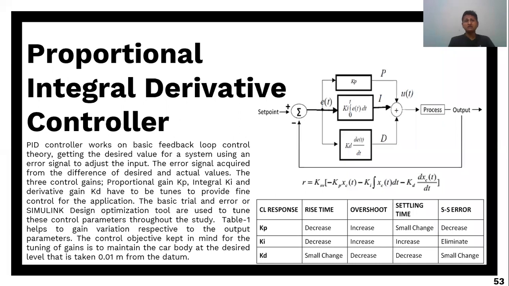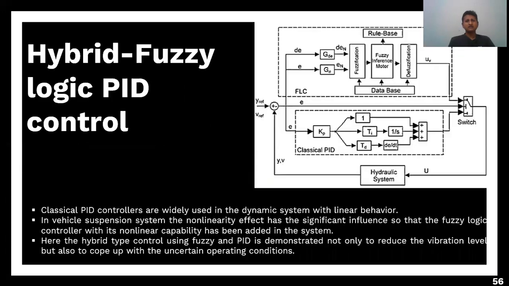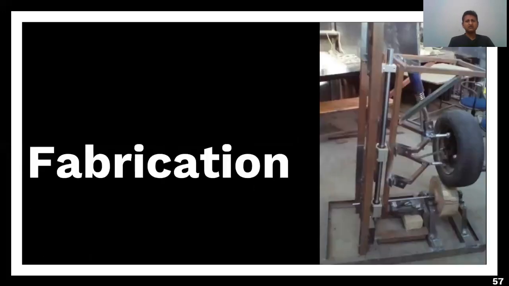This is basically a PID controller, which is used to control the hydraulic actuator movement in response to the vehicle body and road profile. Next is the fuzzy logic controller, and there are different parameters of fuzzy logic control. And next is the fabrication.